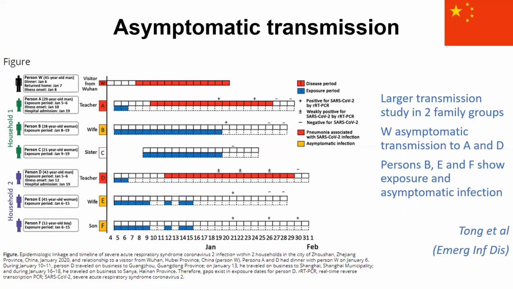So patient W at the top has asymptomatic contact with patient A and patient D, shown by the blue boxes with white boxes above them. Both A and D go on to develop symptoms and get positive PCR later in the course of their disease.